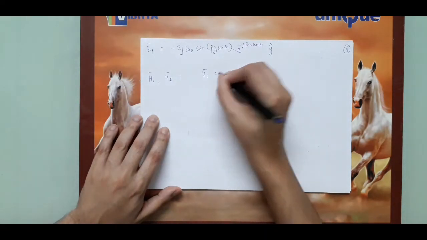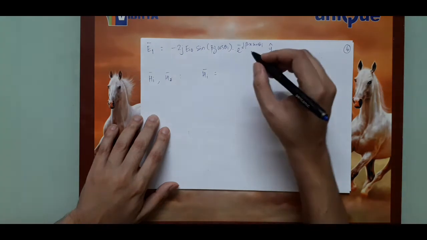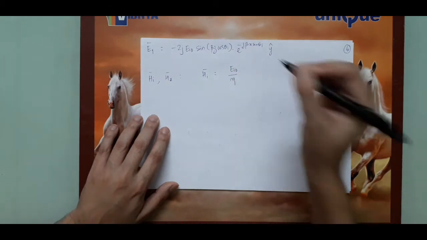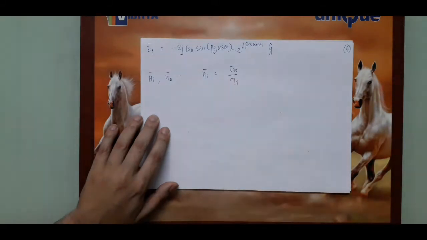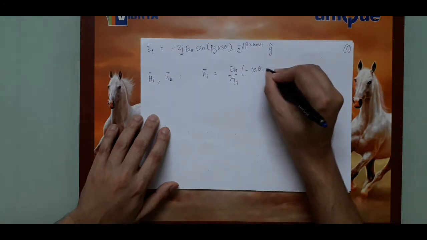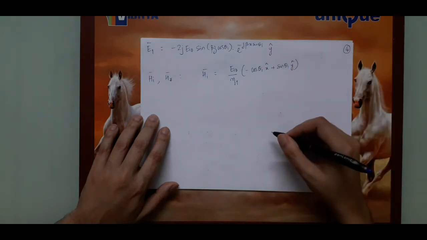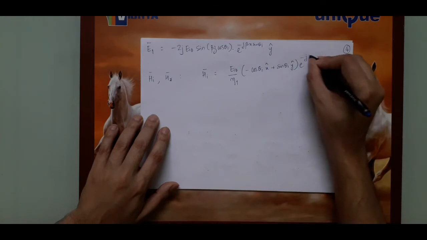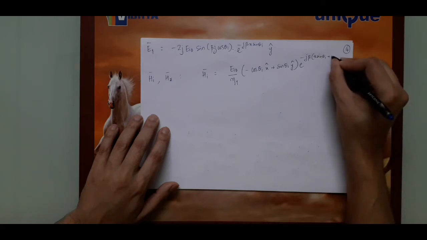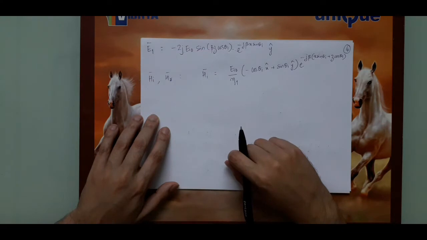The HI vector will be EI0 by eta of the first dielectric, medium 1, times minus cos theta I x vector plus sin theta I y vector, times e raised to minus j beta x sin theta I plus z cos theta I. Sorry, this will be a z component.